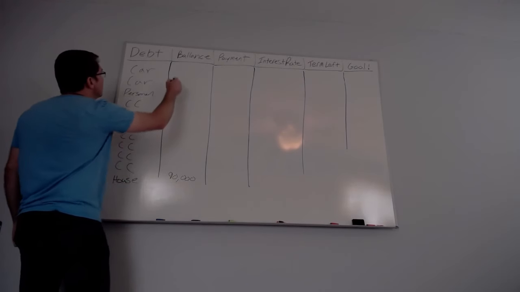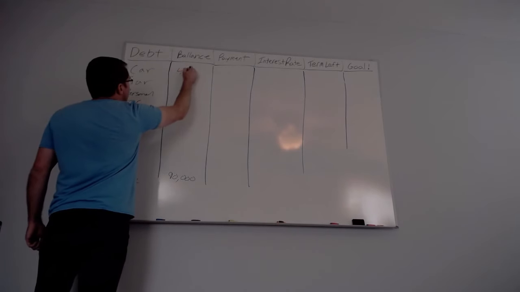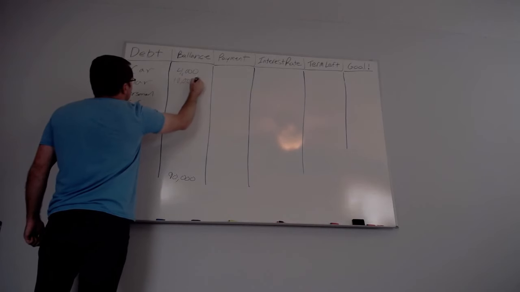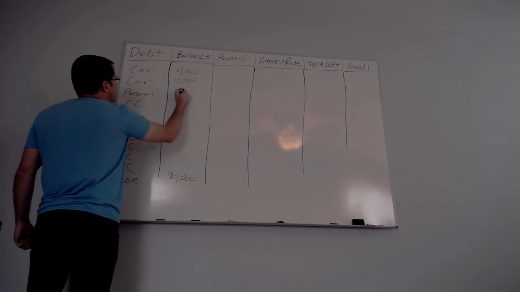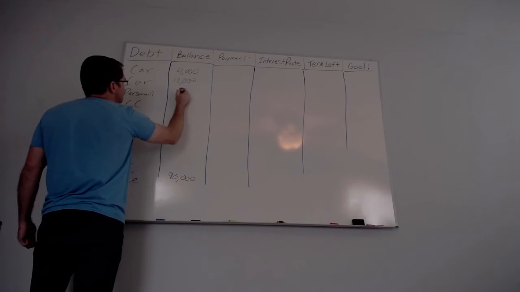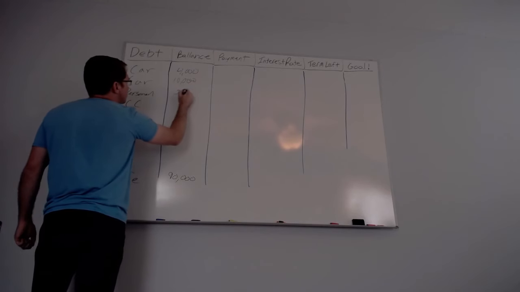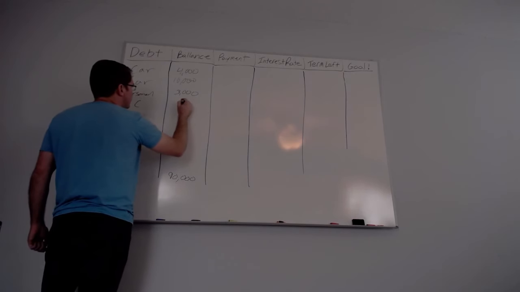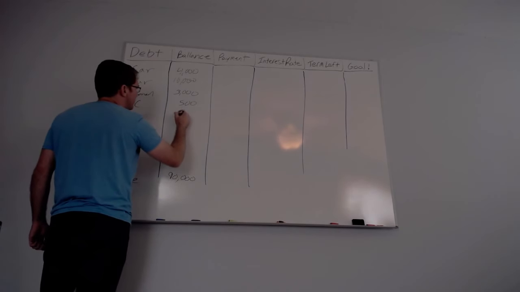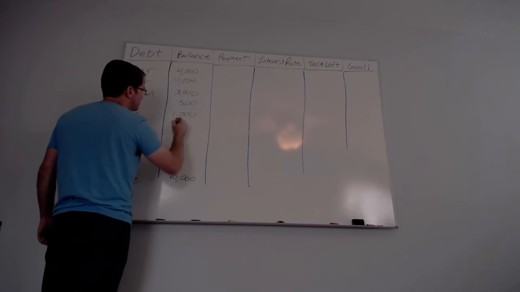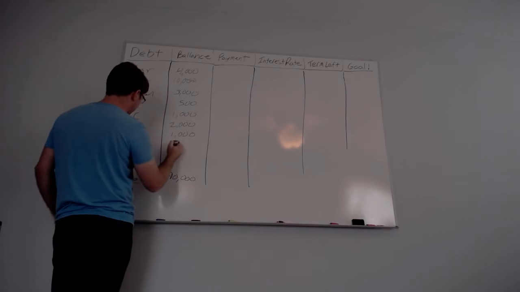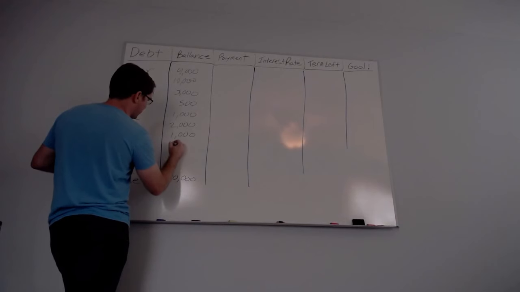But each car, I don't know, maybe she owed $4,000 left on her car. My truck was probably $10,000. Personal loan, I think maybe $3,000. Credit cards, you know, $500, $1,000, $2,000, another $1,000, $4,000.